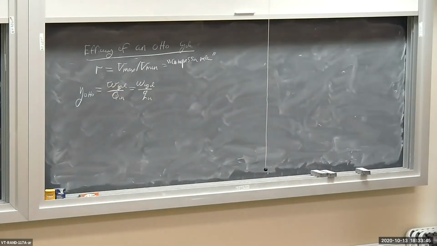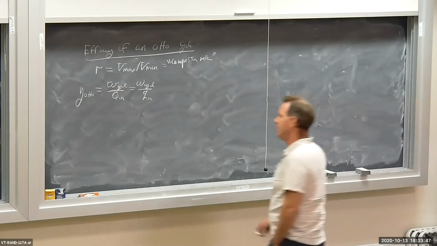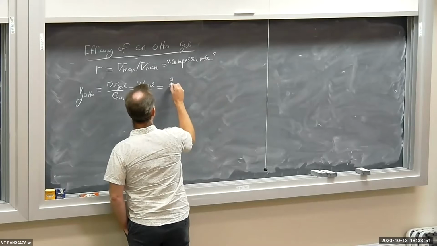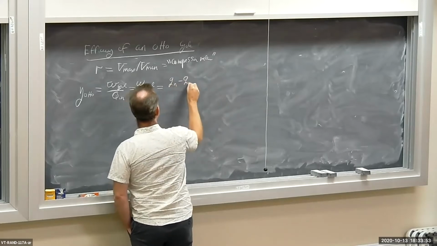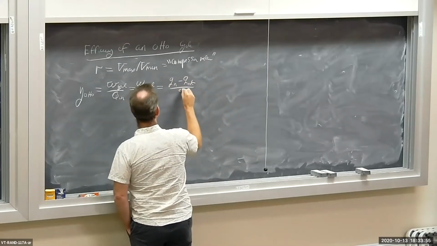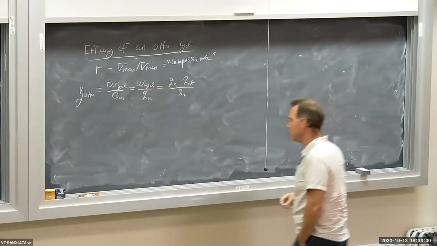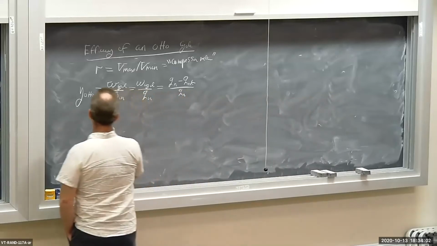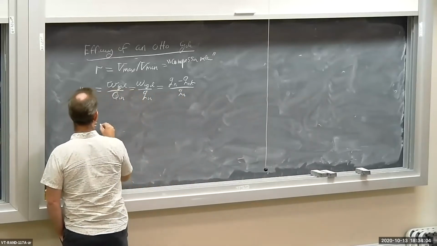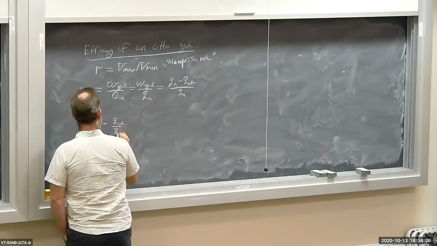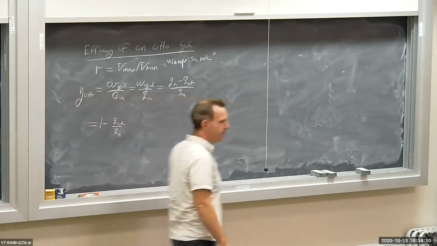Now the cycle work is equal to the difference between the heat transfers, so w cycle is actually q in minus q out, and of course I'm dividing that by q in. You go through and do a little bit of algebra here, very little, and you get 1 minus q out over q in.